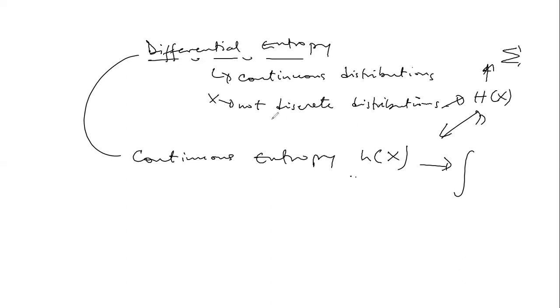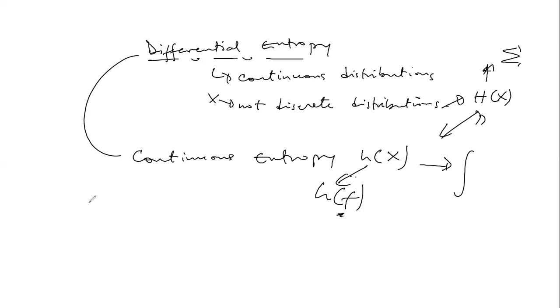So in some other texts, this may also be denoted as h of f, where f is the density function. And then at this point, we could provide a formal definition.